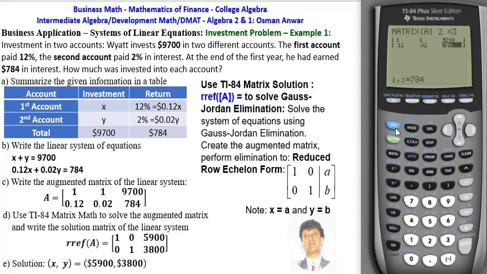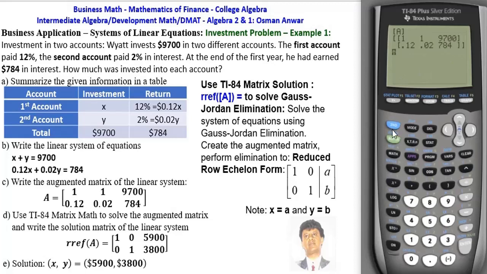So you exit out of here, second quit, then do second matrix, hit enter, make sure the entries are correct. So it is 1, 0.12, 1, 0.02, the x values, the y values, and 9,700, 784.